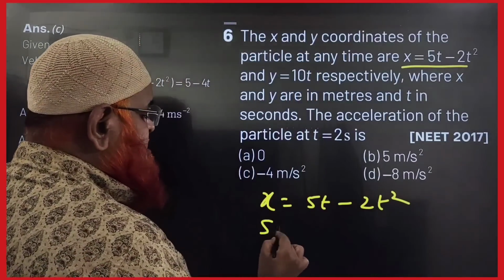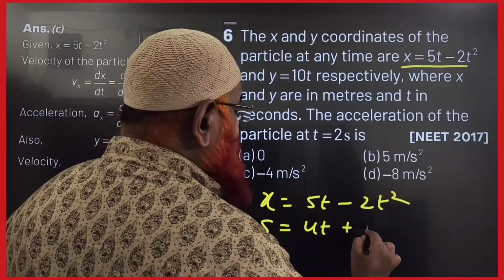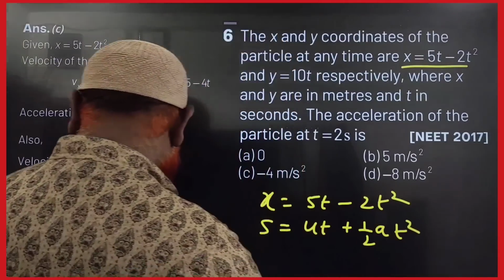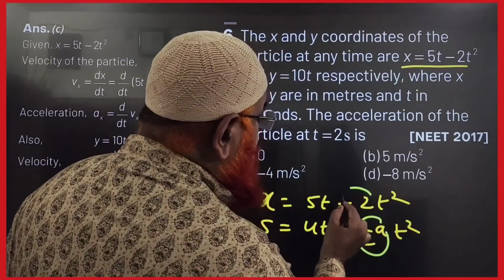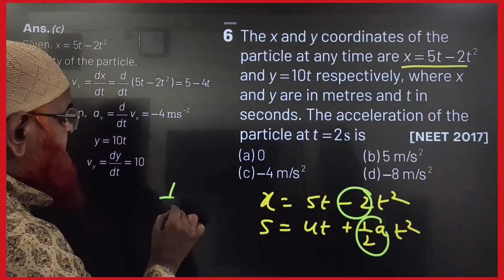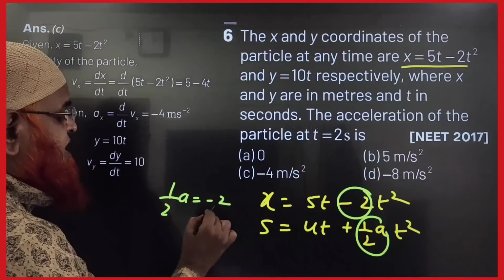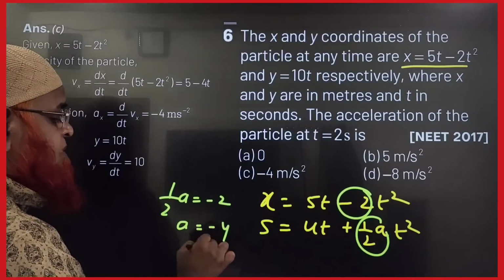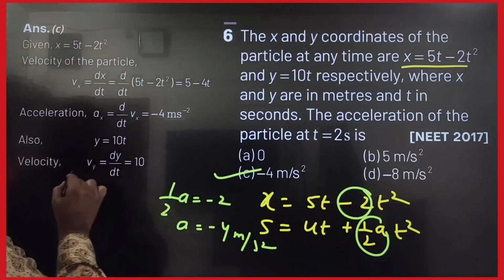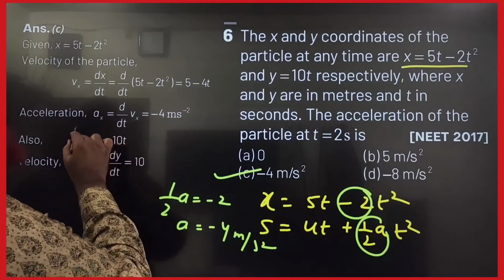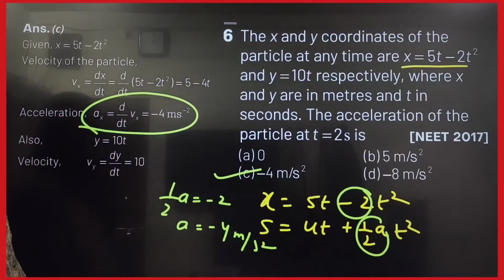Compare this with s is equal to ut plus half at square. That's it. Here you can see that in the place of half a, minus 2 is there. So half a is equal to minus 2. a is equal to minus 4 meter per second square. That is your answer. You need not do any differentiation to get the answer. Without differentiation you can solve.